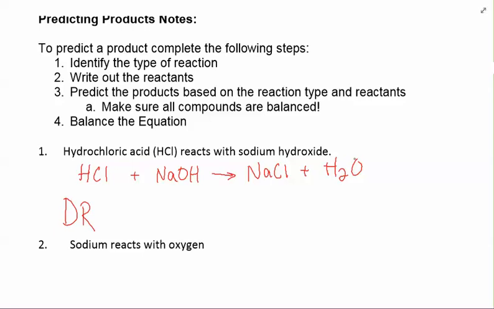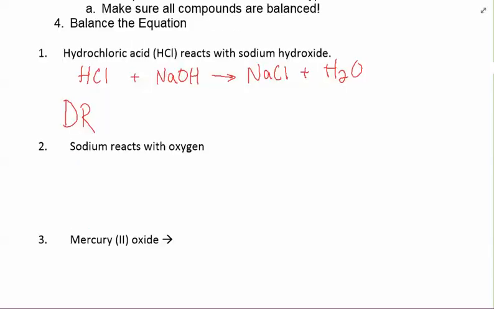Now, taking a look at this, with the double replacement reaction, one of the things we have to do is check our solubility chart to see if we have formed any precipitates. So we've made water, which is a covalent substance, so it is a liquid. In order for the reaction to occur, you need to form something that's not aqueous.